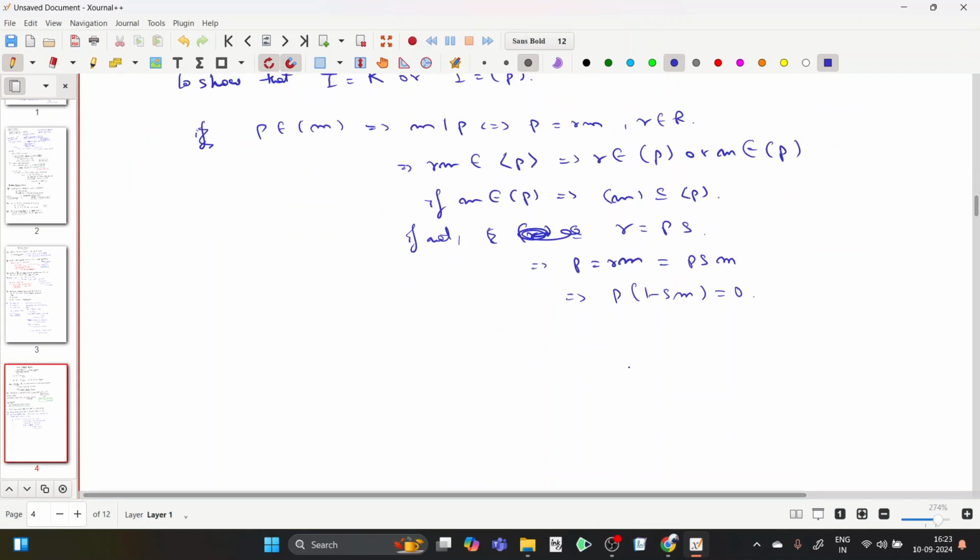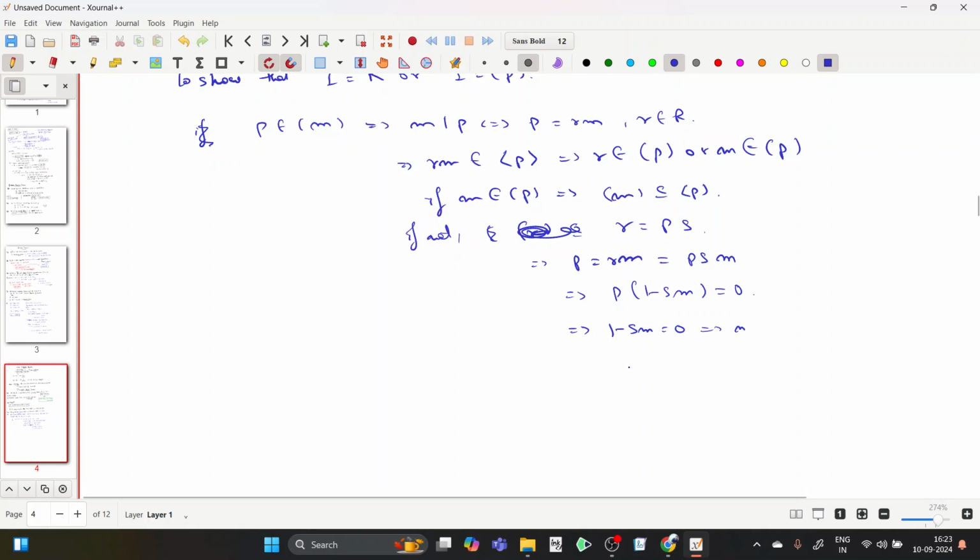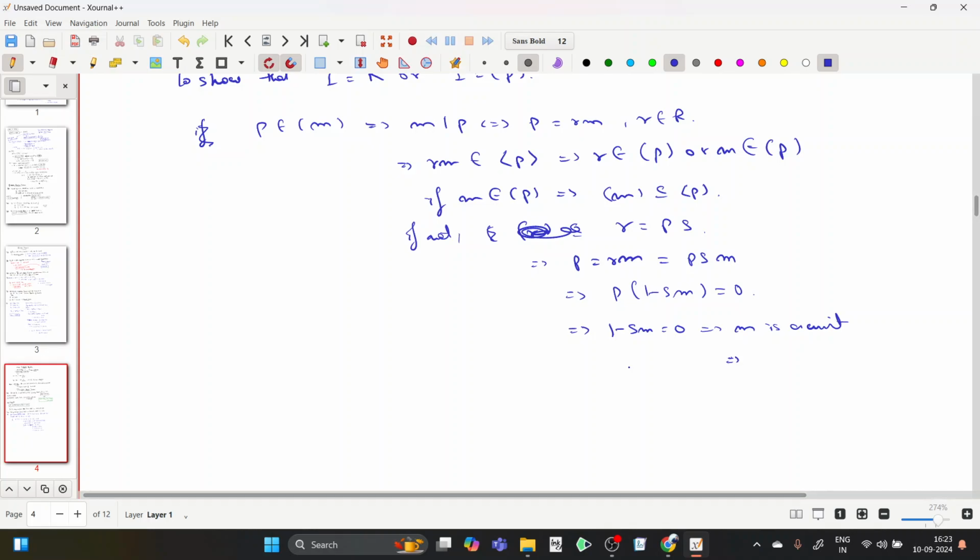Now P is non-zero by assumption, and we are talking about an integral domain, so this implies 1 minus sm equals 0, which implies that m is a unit. But if m is a unit, then the ideal generated by M must be the whole of R, which means I equals R.